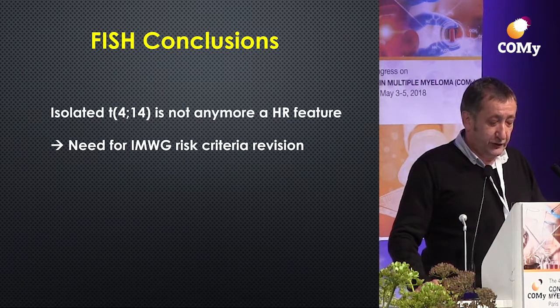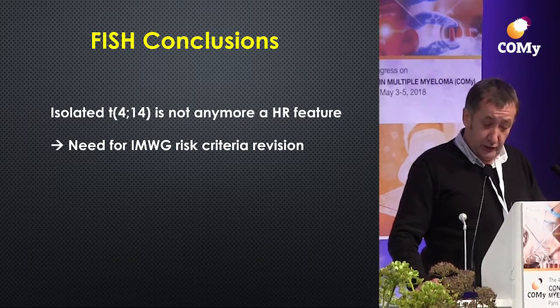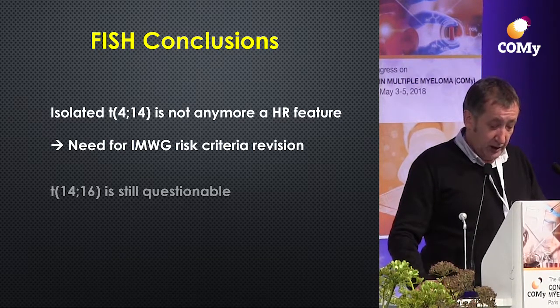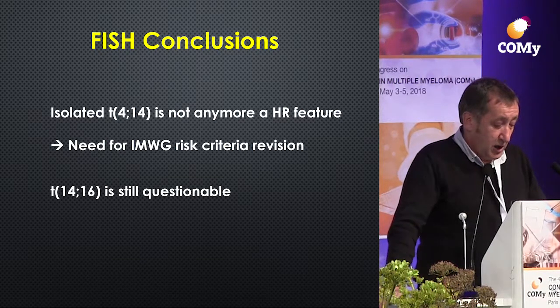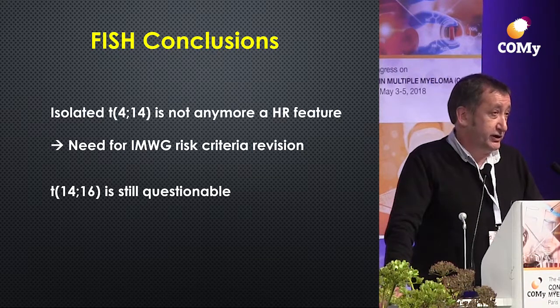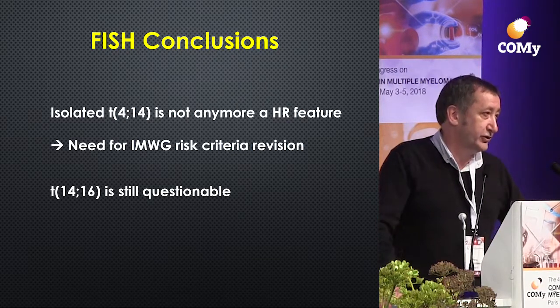So to conclude this first part on FISH, 4;14 alone is not anymore a high-risk feature, and so we need to revisit the IMWG. Again, 14;16 is included in the IMWG with a very, very low demonstration of the prognostic impact.